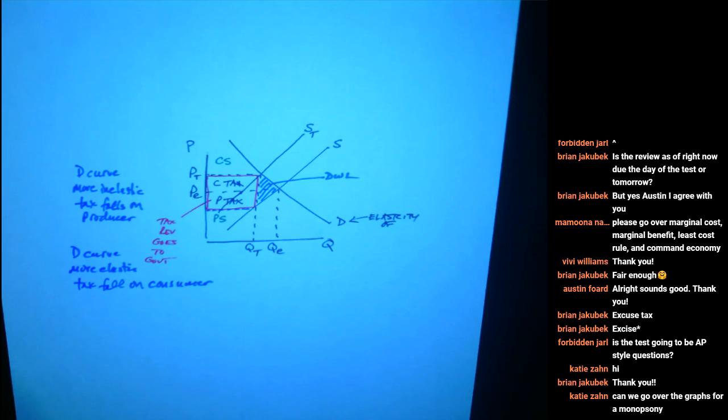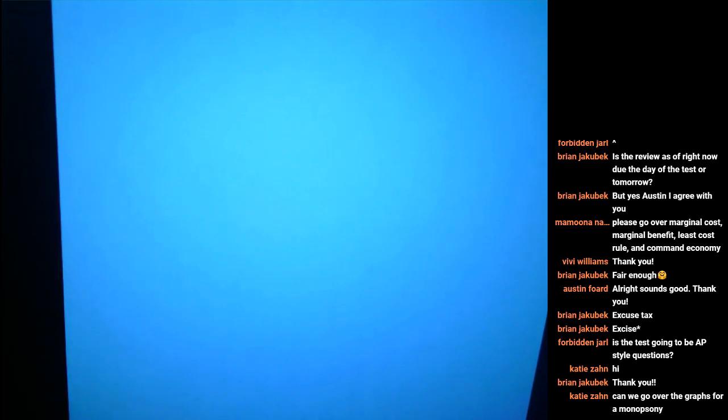Graphs for a monopsony. All right. Absolutely. Well, there's one graph for a monopsony. Okay? So let me grab some more paper. Monopsony. So we know about a monopoly. Let's draw the monopoly first.